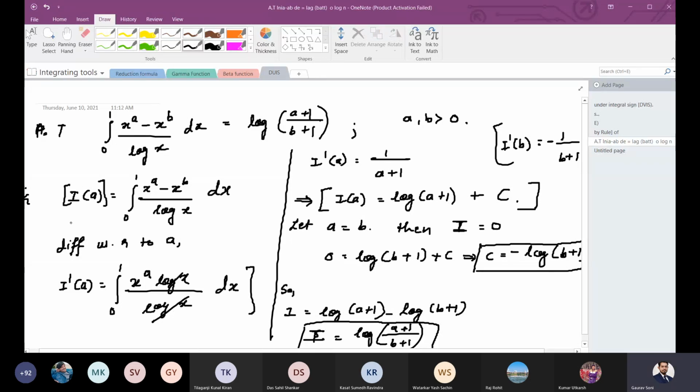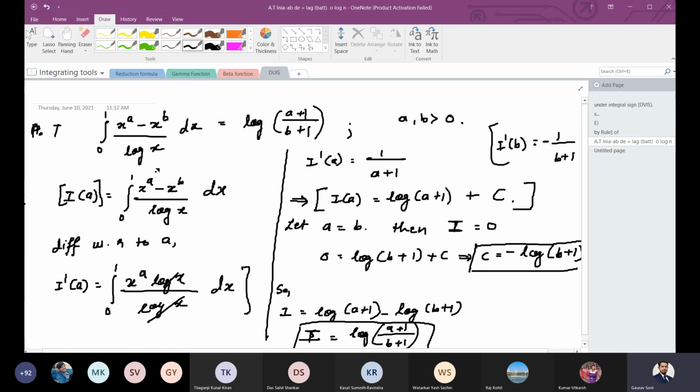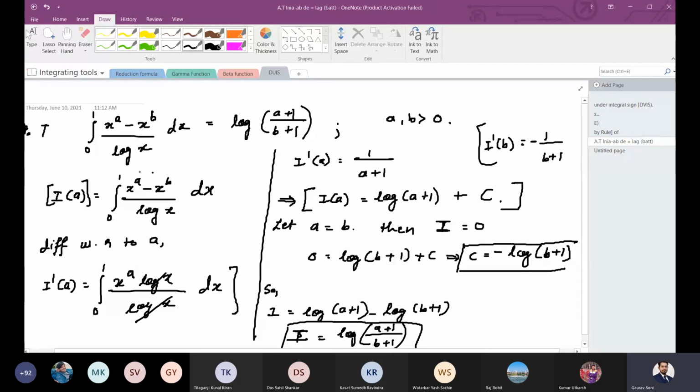This value I should know. So according to that, you put the value over here. If you put b equal to 0, for an example, you will get x raised to a upon log x. You have to solve. I don't have that much time. So you put a equal to 0, you will get minus x raised to b upon log x.